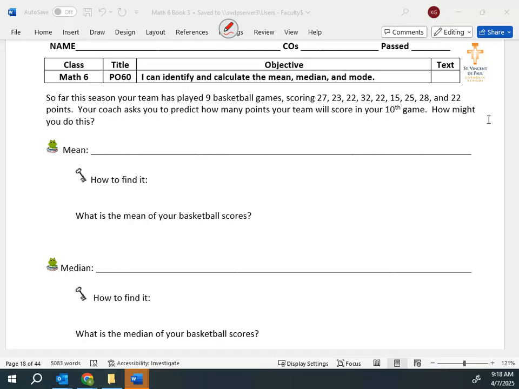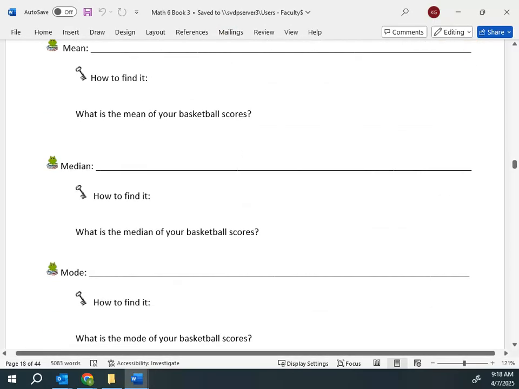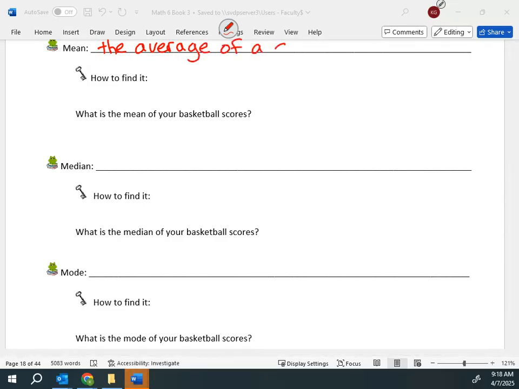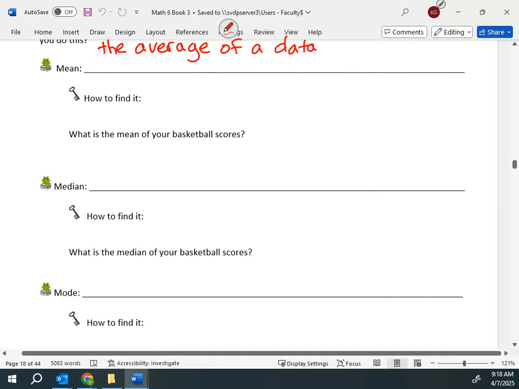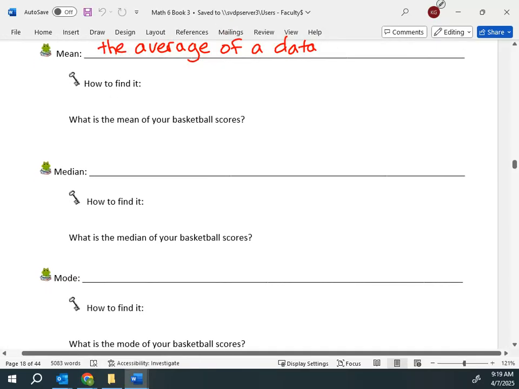So let's write down some definitions of these. Our mean is the average of a data set. How to find it?